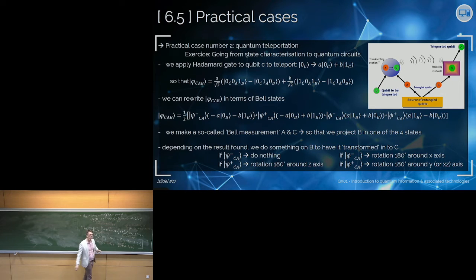And then we make some adjustment to the B qubit in order to recoup the C qubit that we wanted to teleport. And that's this step here.